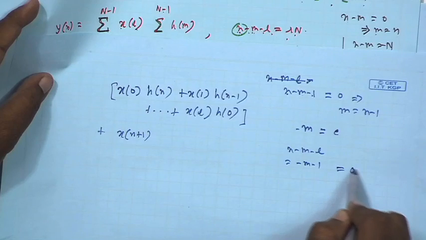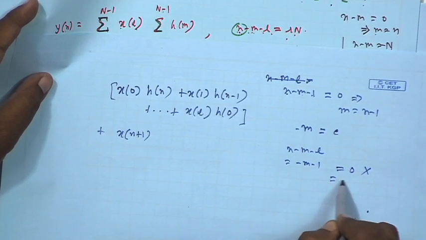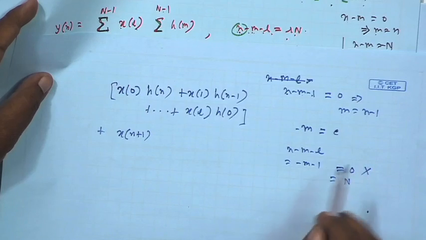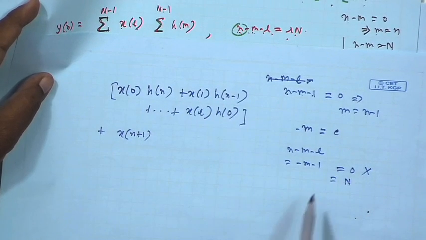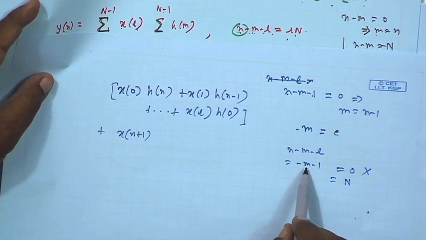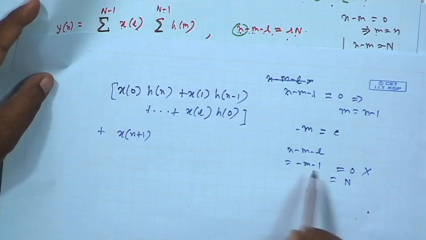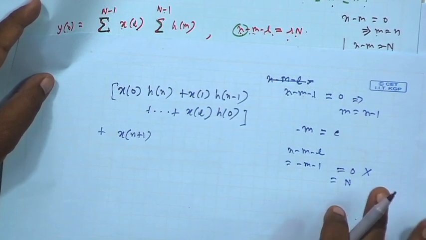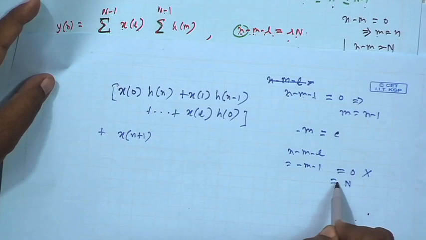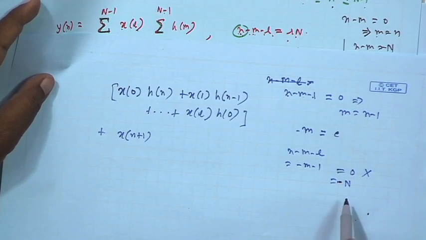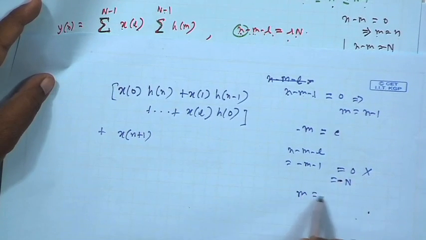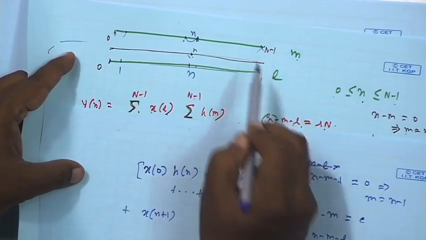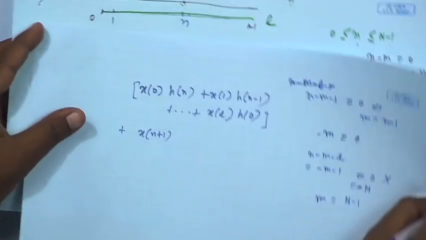So, this equal to 0 will not be considered. How about this equal to n? Is that possible within the given range of small m? It will mean small m equal to minus 1 minus n, not possible, because m goes in the negative direction. But how about minus n? If it is minus n, then small m will be n minus 1, which is fine here. So, that is the only possibility.